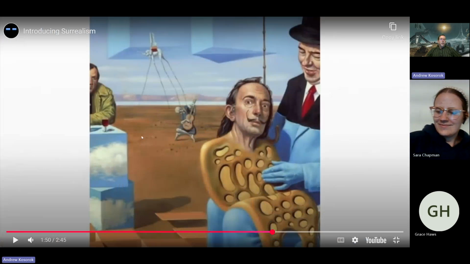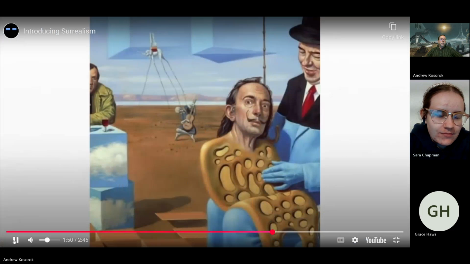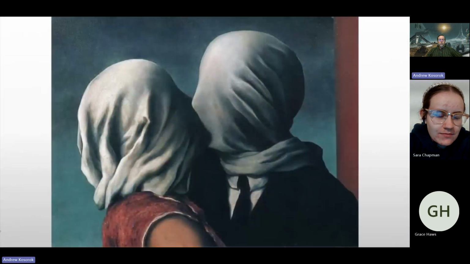The surrealists would do these kind of realistic depictions of things that could not possibly be real. And this is where the dream imagery comes in, because they're getting you to think about the things that are beyond what is perceptible. Conscious form. So we see a lot of odd images.